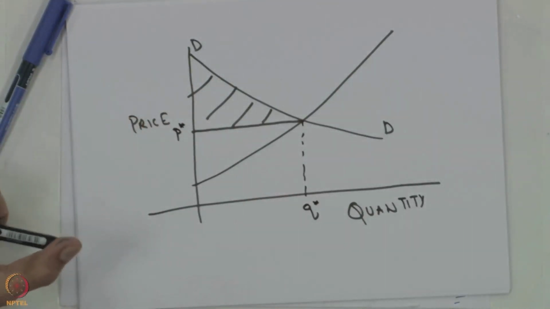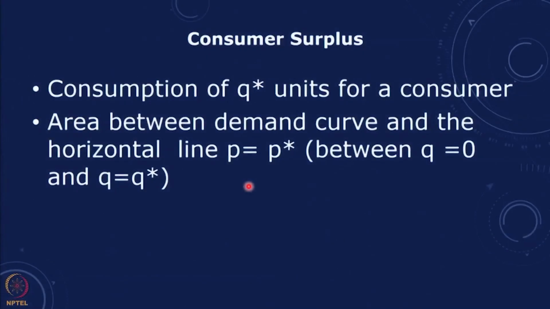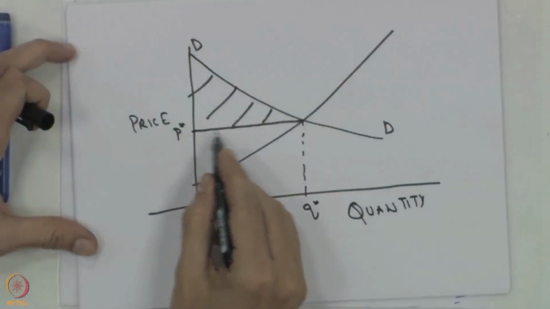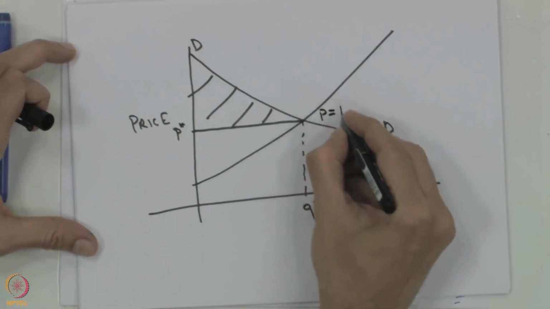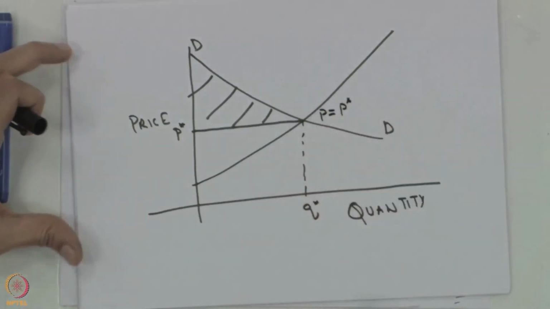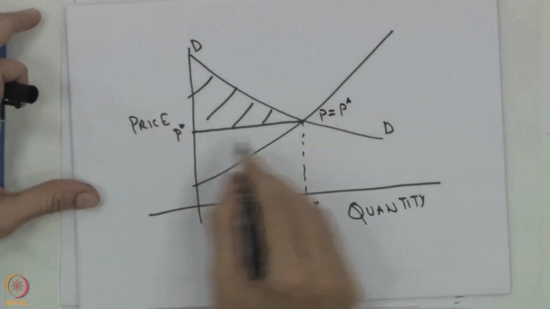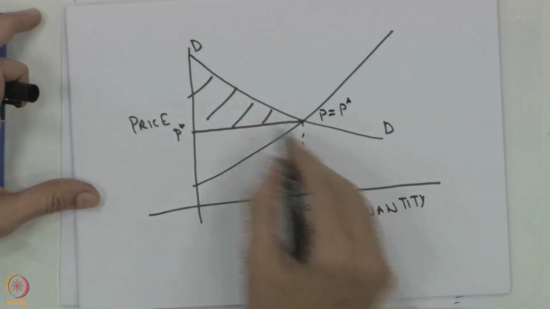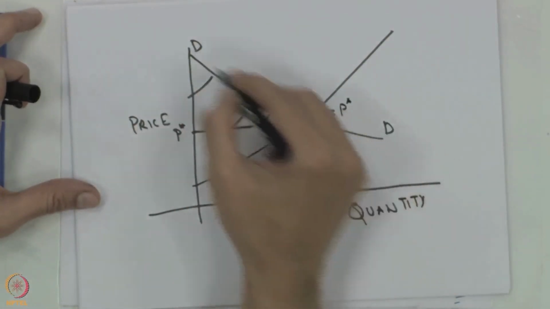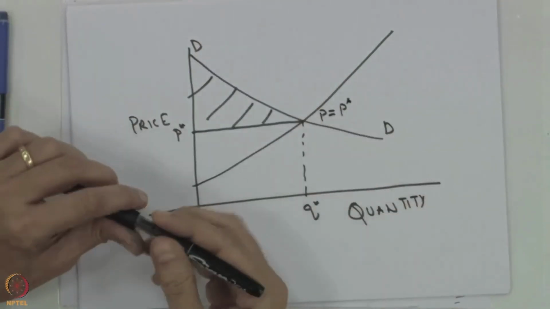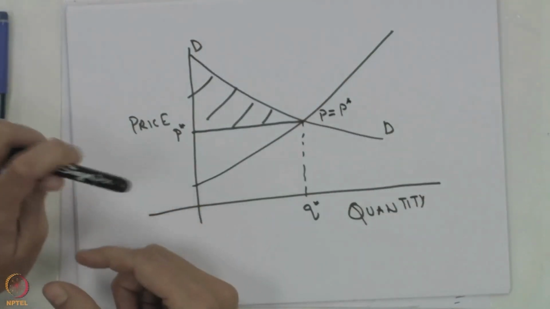So, if you look at this, it is the Q star units for a consumer, the area between the demand curve, this demand curve, and the horizontal line P is equal to P star. This is the line P is equal to P star. This area between Q is equal to 0 to Q is equal to Q star, this area under this curve is the consumer surplus.